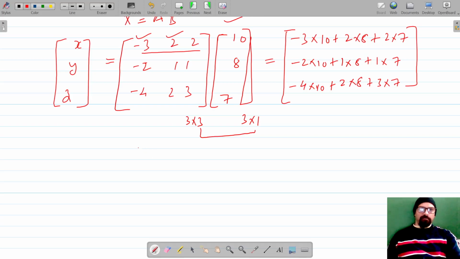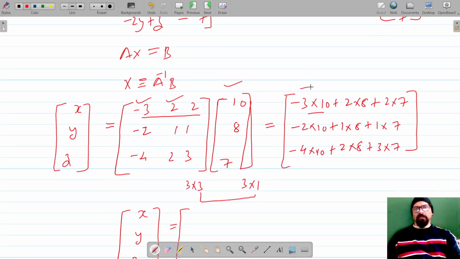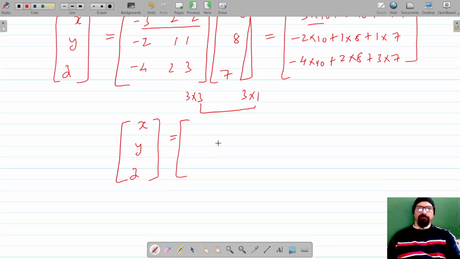Okay, so finally we have the x, y, z matrix equal to negative 30 plus 16 plus 14. 16 plus 14 is 30, so minus 30 plus 30 is 0. So this is 0. Negative 20 plus 8 is negative 12 plus 7 is negative 5.